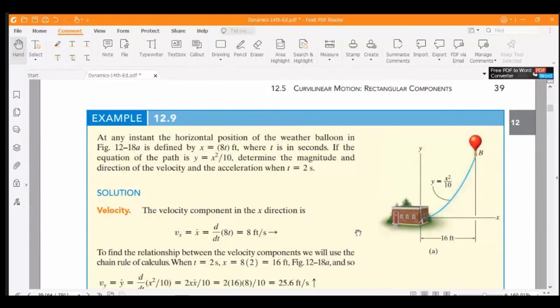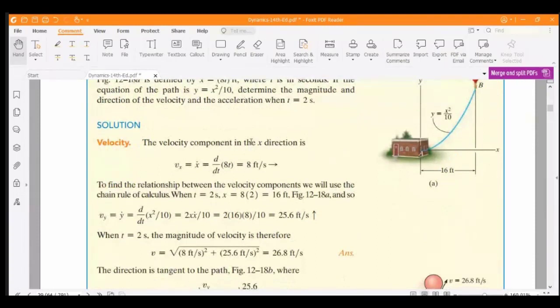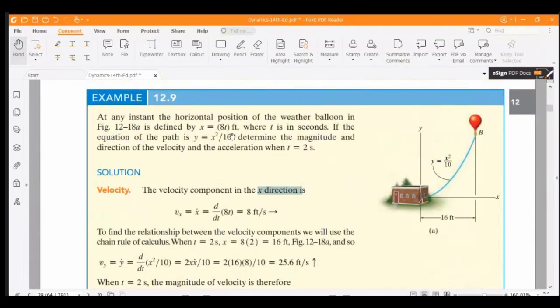So what do we need to find? We need to determine the magnitude and direction of velocity and acceleration. Here you see they have easily found the velocity component in the x direction, because now there are two velocities, from the x point of view and the y point of view.